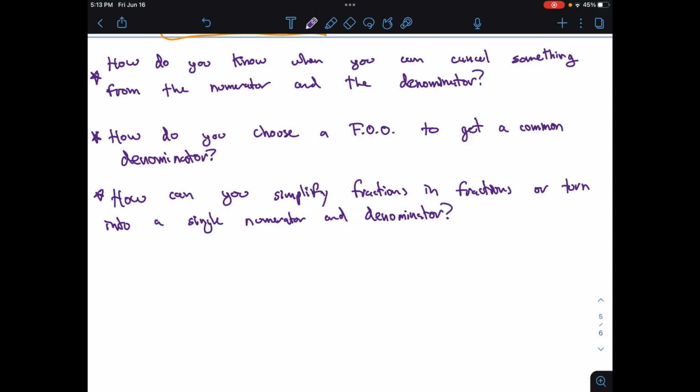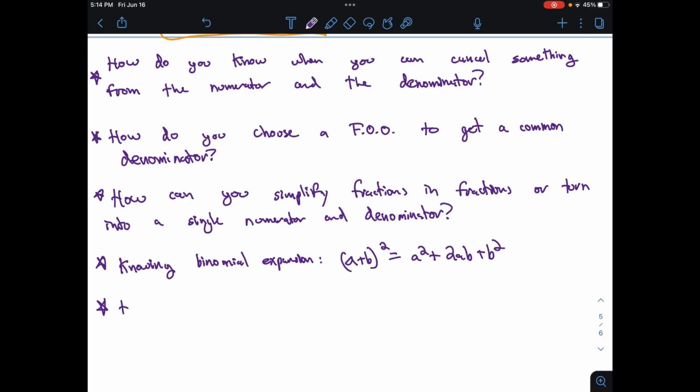Okay, another key skill is knowing binomial expansion. I mean, Pascal's triangle is really helpful. But really the most important one is the square of a binomial. So a plus b squared equals a squared plus 2ab plus b squared. I mean, that's just going to save you a ton of time.